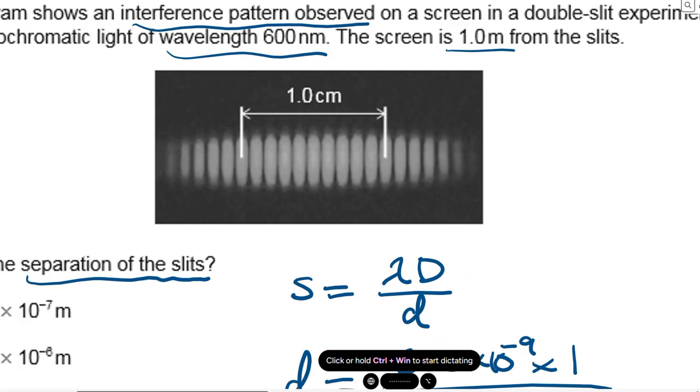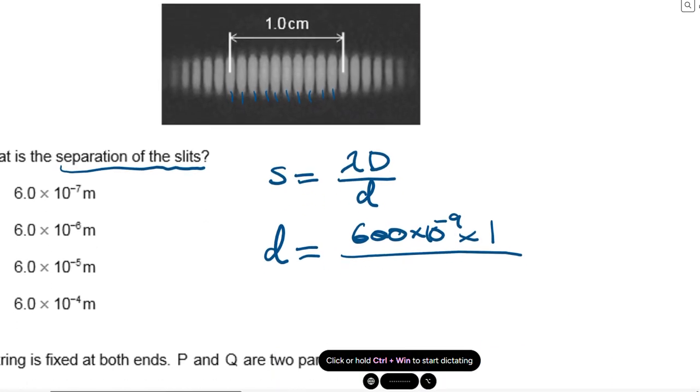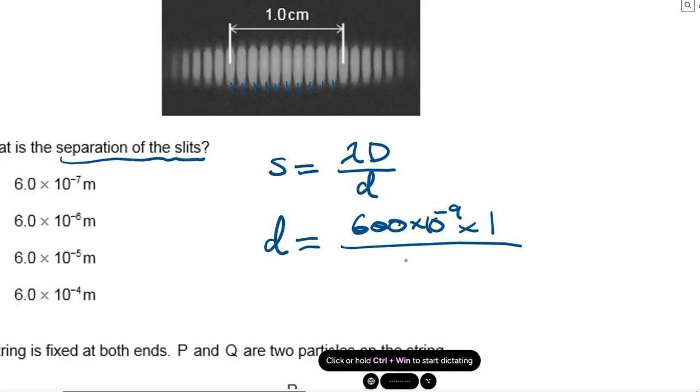Now what we have to do is find out how many fringes we have. 1, 2, 3, 4, 5, 6, 7, 8, 9, 10. And both of these are halves, so I'm just going to count 10. It's not 11. So what we have is 1 centimeter, which is 1 times 10 to the negative 2, divided by 10.